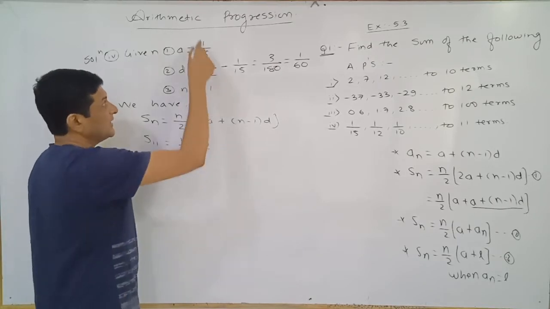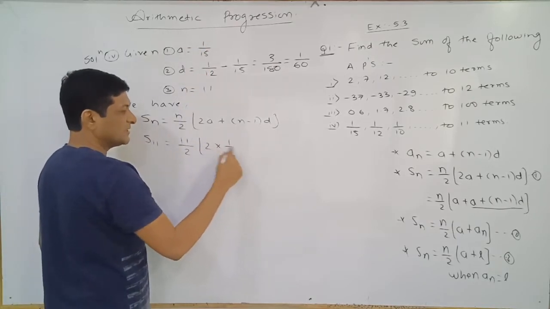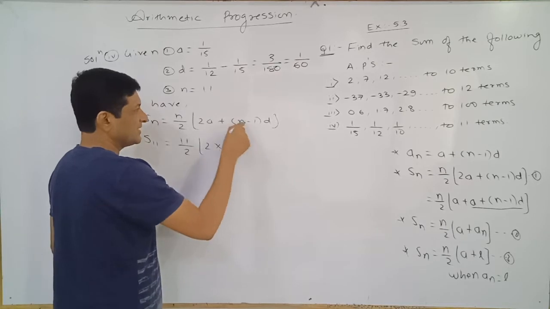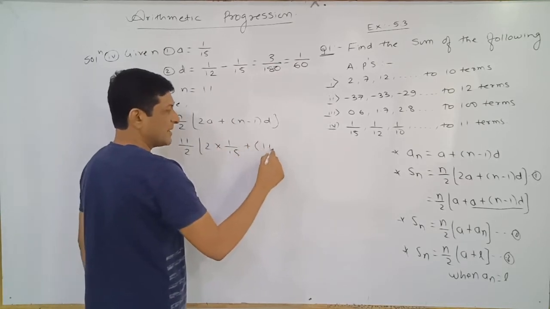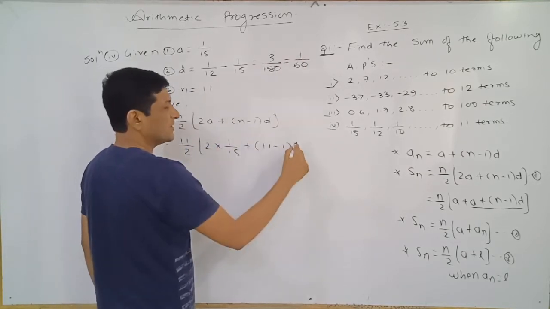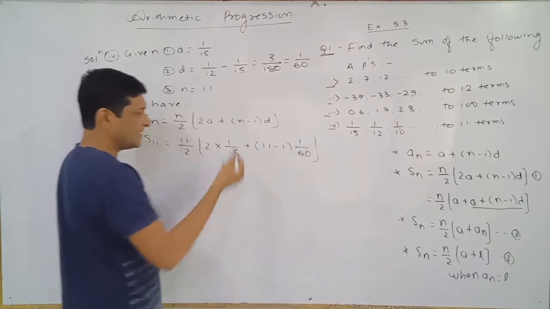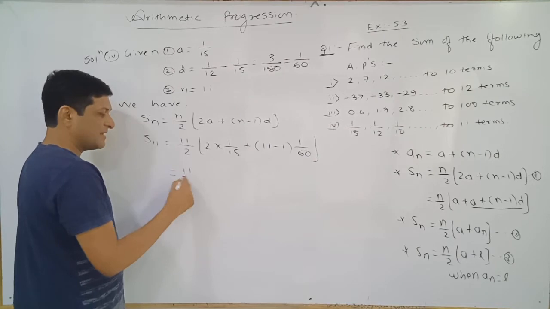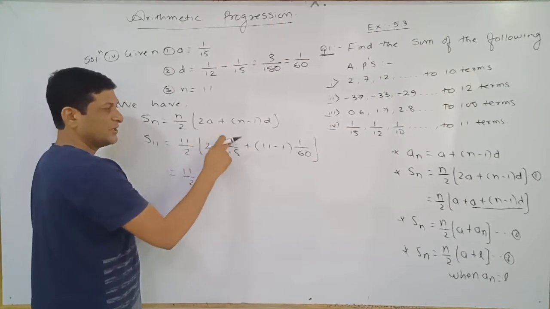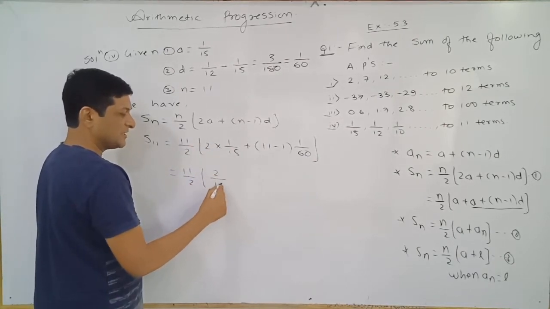So 2 into a is equal to 1 by 15, plus again replace n by 11, 11 minus 1 into d. d is equal to 1 by 60. All the values we have substituted. The remaining part is just the simplification part. 11 by 2, keep it as it is. Here 2 into 1 by 15 is 2 by 15.